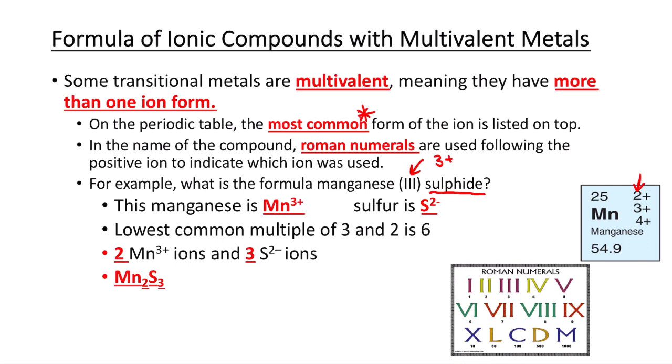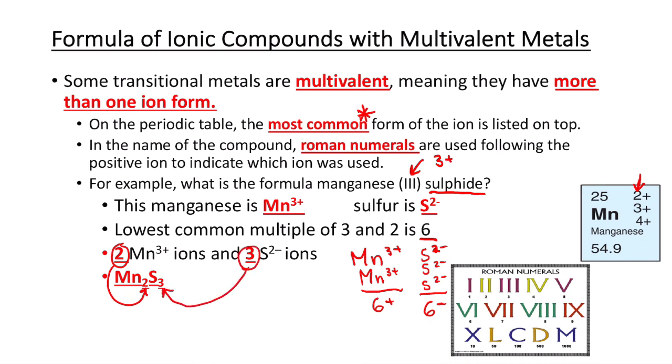So again, if we consider the lowest common multiple between 3 and 2, that is 6, meaning that we need 2 manganese 3+ to give us that 6+ charge, and we'd need 3 sulfur ions to give us the 6- charge in order to make sure those are balanced. So you end up with the 2 representing this and the 3 representing this in the manganese 3 sulfide formula.